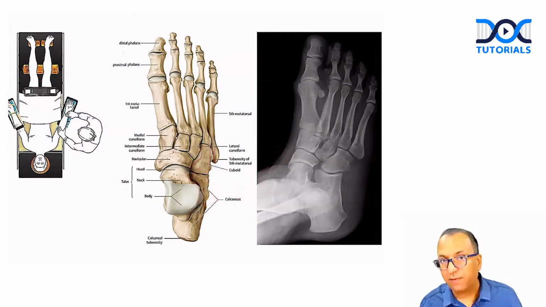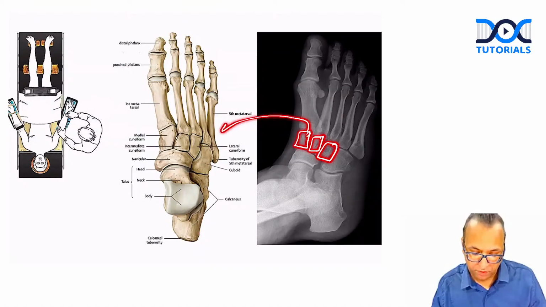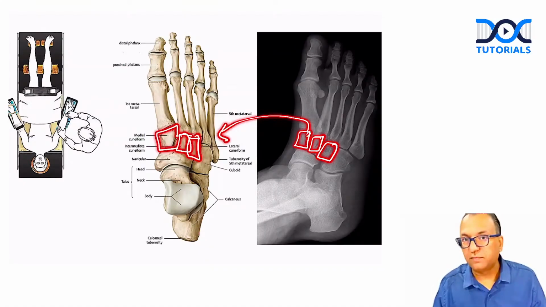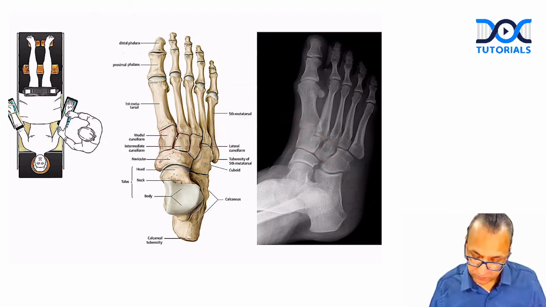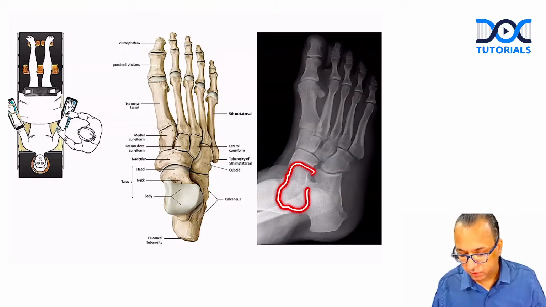So identifying them on X-ray is good. The lateral cuneiform, middle cuneiform, and medial cuneiform. So just try to identify them. This is the heel bone, largest of all, the calcaneum. There's an overlapping of talus bone here.